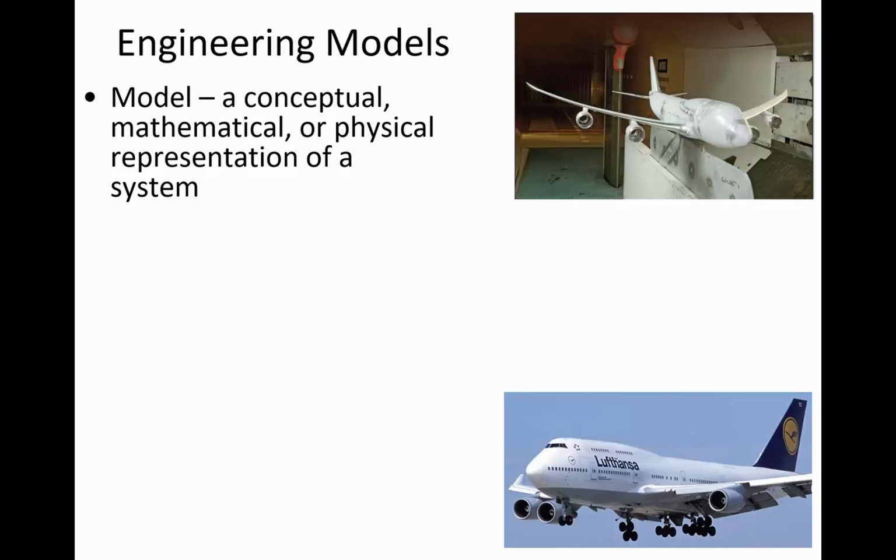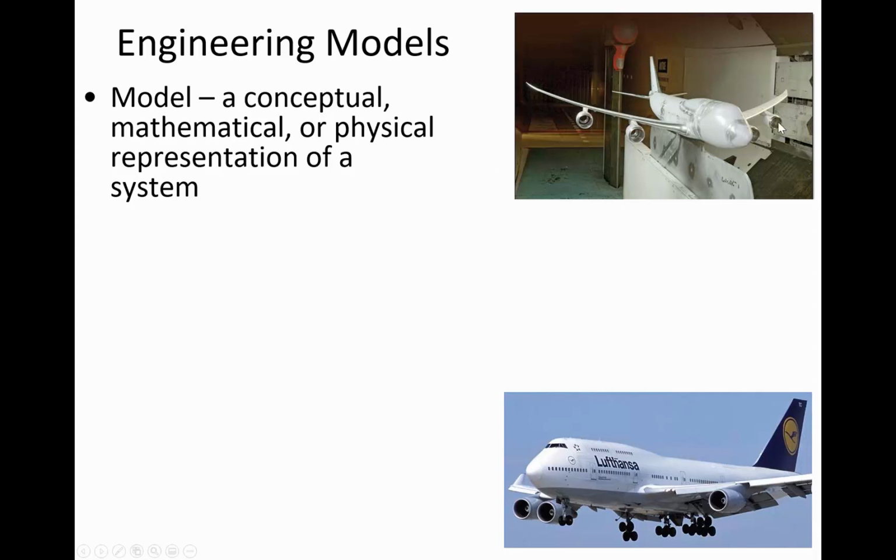Now, Bernoulli's equation is a model. It's just a conceptual or mathematical representation of reality. And so you can think of models in terms of the small physical representation of a large-scale prototype. Like you can see, here's a Boeing 747 in a wind tunnel, and maybe they are analyzing something to do with the wings or the engines.